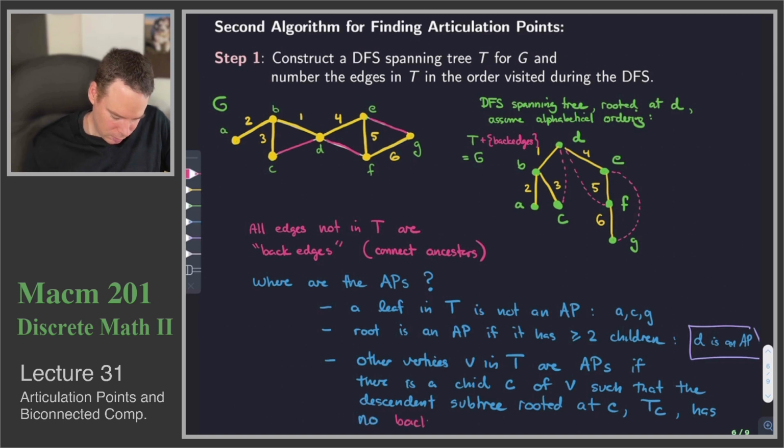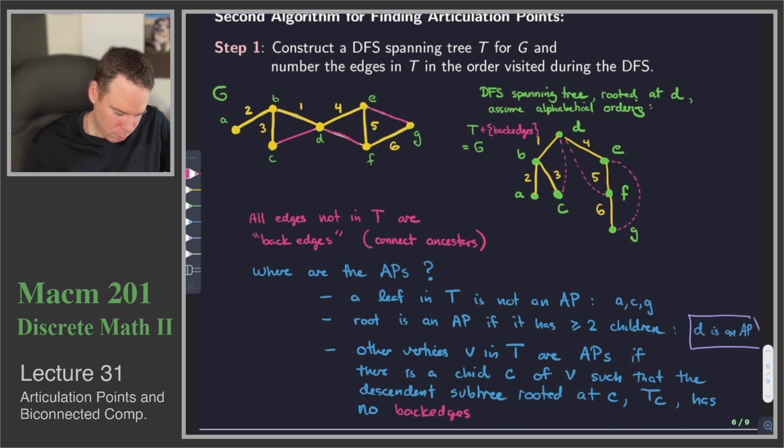So I'll put that in red just so we can see that we're using those back edges, those dotted lines in our diagram. Has no back edges going around V to an ancestor of V.